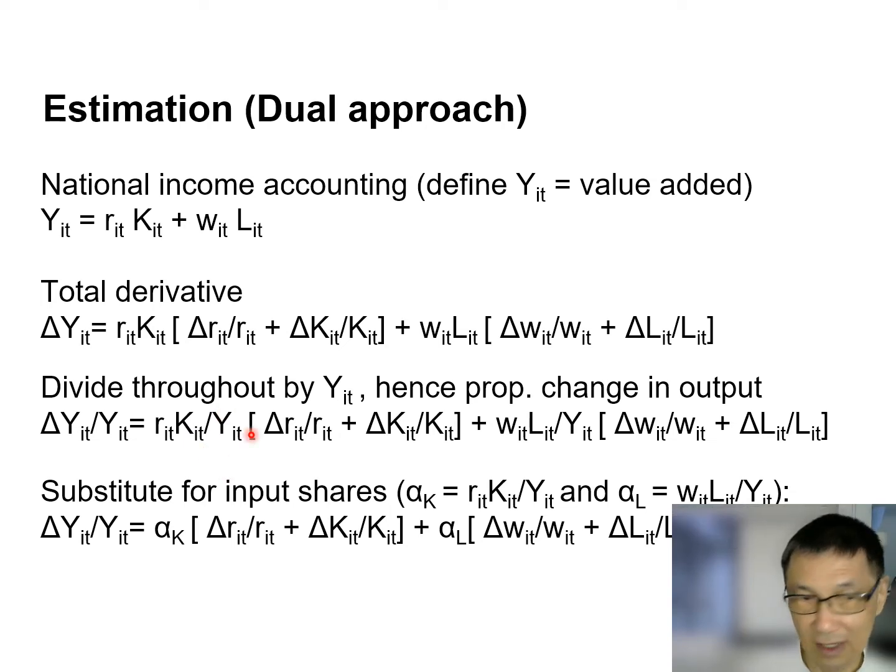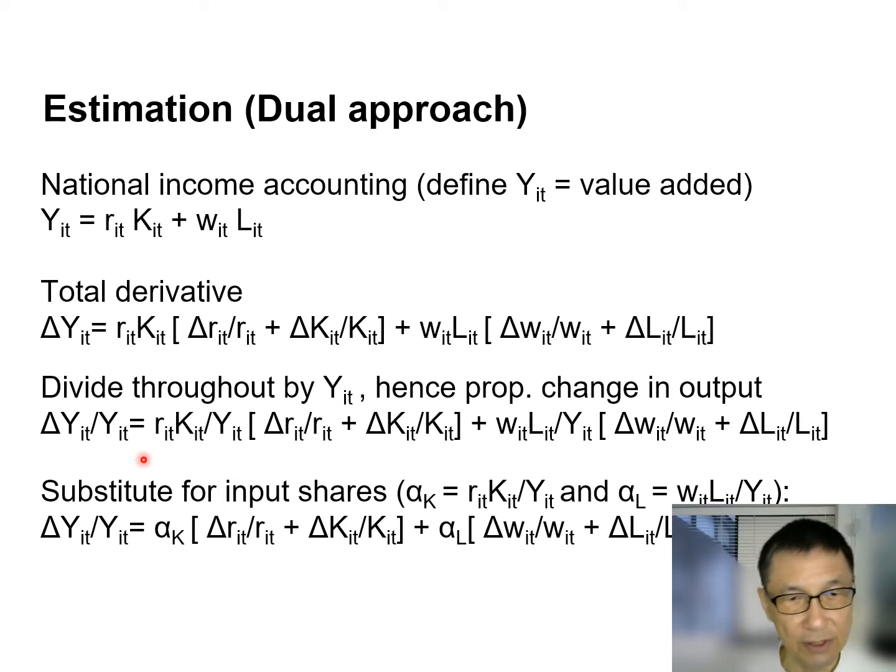That is just the capital share of output. The terms within brackets remain the same. And then likewise for labor, we divide W subscript IT, L subscript IT by Y subscript IT. That's just the labor share of output, and then the terms in brackets remain the same.